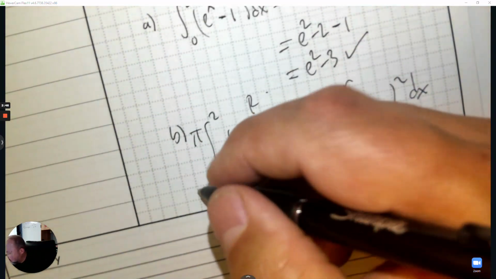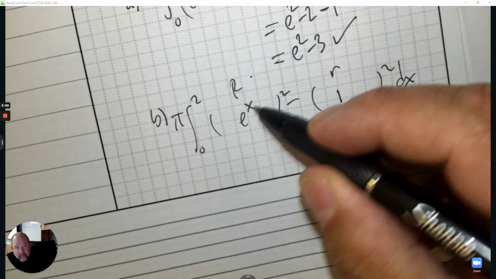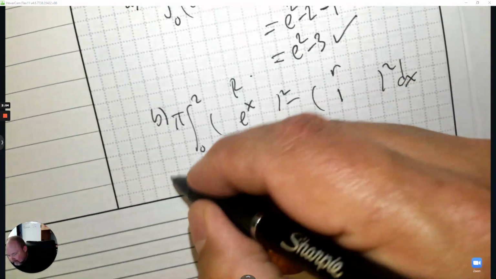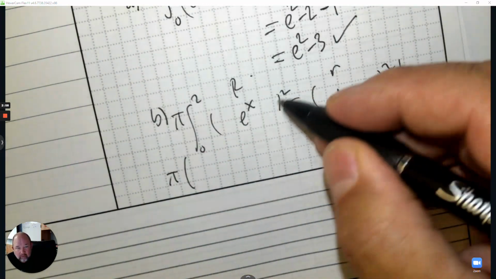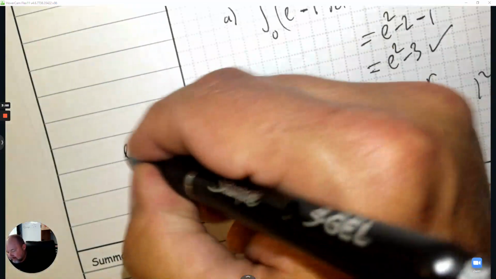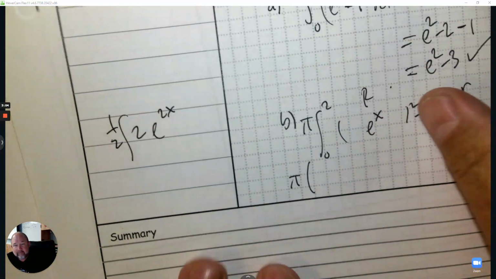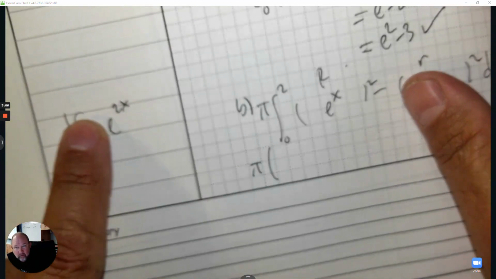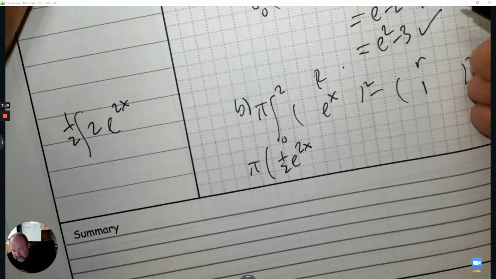And then to actually find the volume, this is e to the 2x. I can keep pi in front. So the hook, if I do this on the side, the hook would be 2, so it needs a 1/2 in front of it, and the 2 would go away. So it's 1/2 e to the 2x.